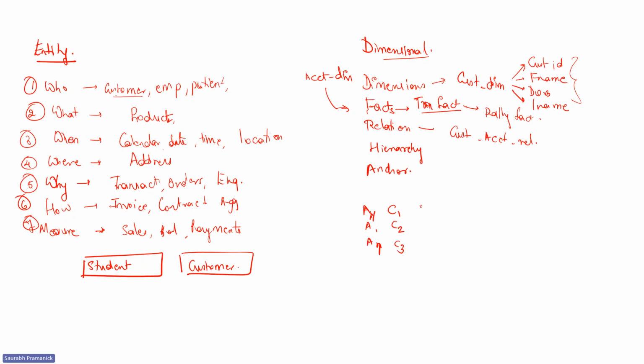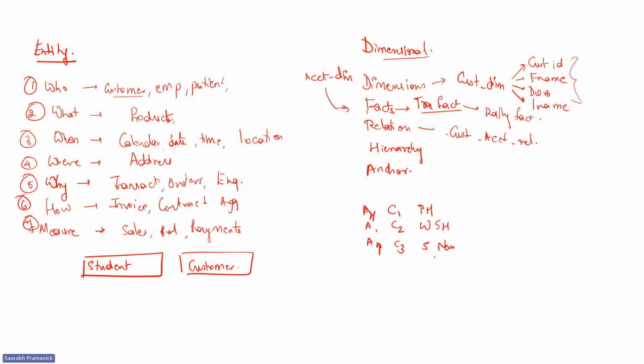For example, this is me, I have my wife and I have my son. So I am the primary, my wife is the secondary holder, and my son Mike is a nominee. So these three customers are playing three different roles on that account. That kind of relationship I can have in my relationship kind of table.